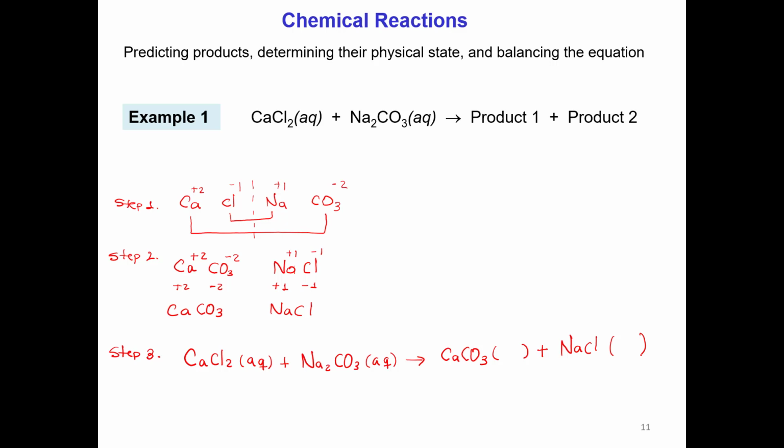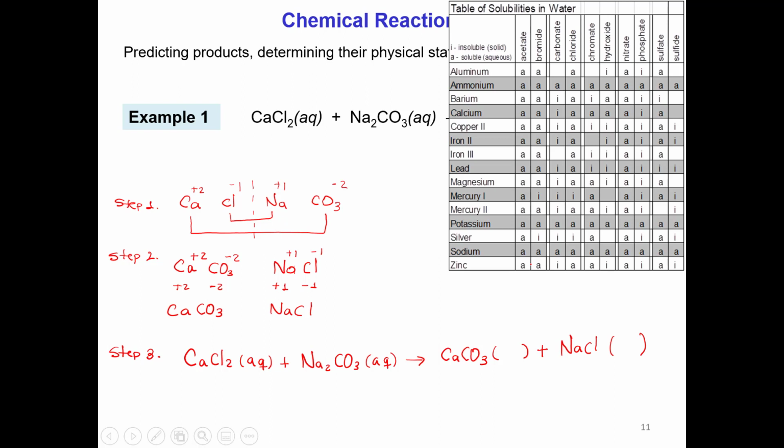To find the physical state of the products, we will use this table, which is in your equation sheet. It's the table of solubilities in water, and we will use it to find the physical state of the products in chemical reactions. We identify calcium carbonate here, and we have C is I, and I is insoluble, so it is solid.